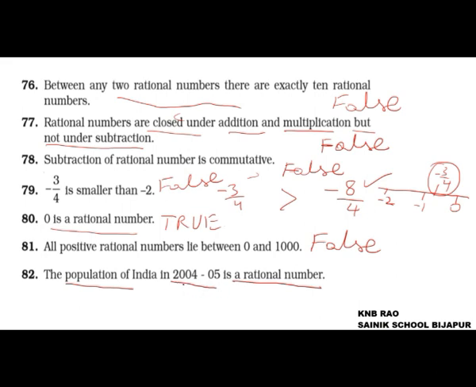So in 2004 and 2005, the population of India must be some number in crores, maybe 135 crores or around 130 crores. Is it a rational number, he says. Every integer, every whole number, every natural number is a rational number. So in my opinion, it is true.